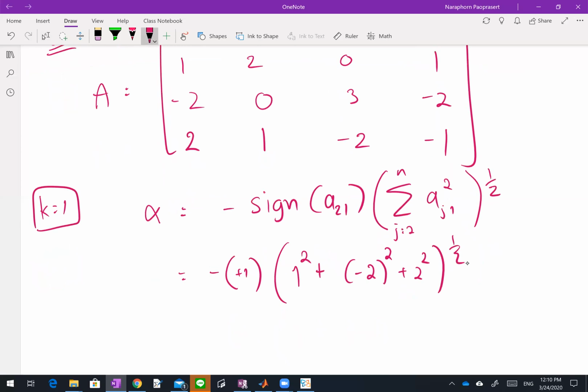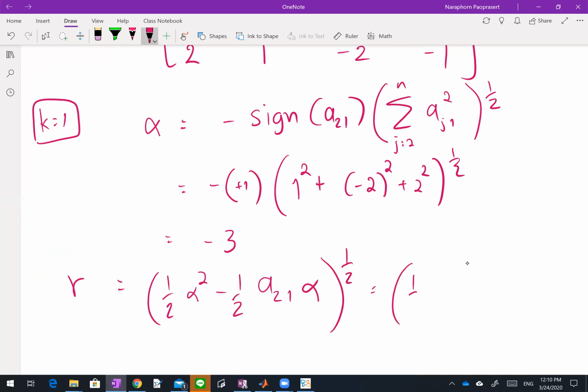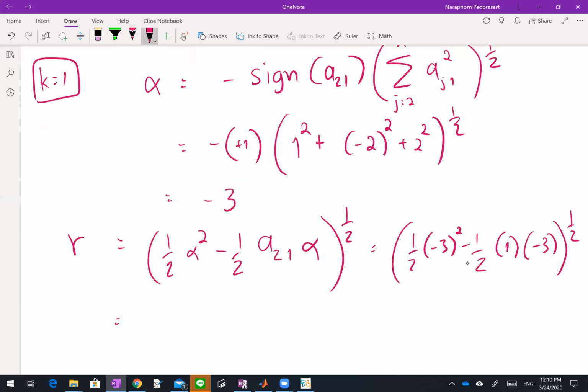So basically we have alpha equal to minus 3, so r is just a half alpha squared minus a half a21 alpha, everything to the 1/2. So you have 1/2 times minus 3 squared minus 1/2, a21 is 1, alpha is minus 3, everything to the 1/2, and you get square root of 6.